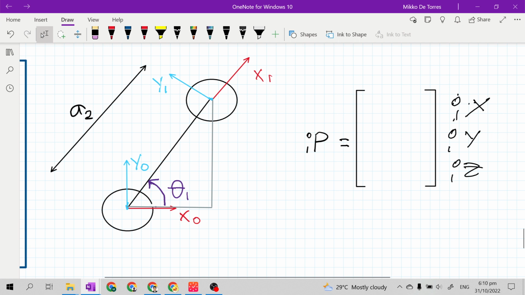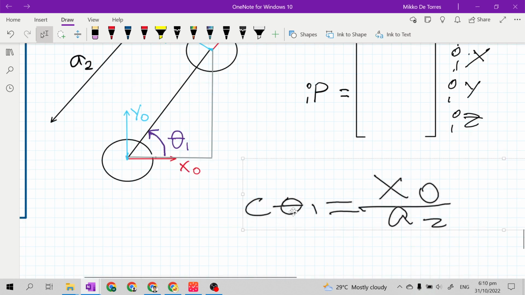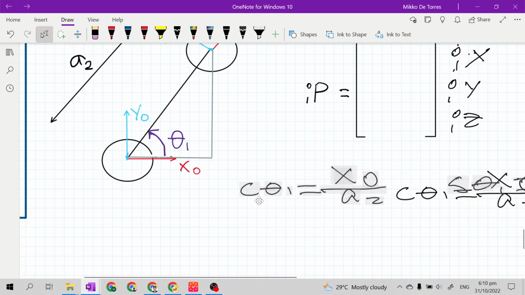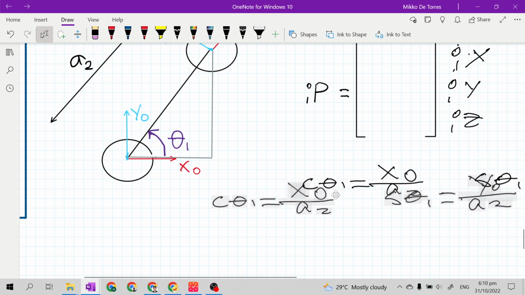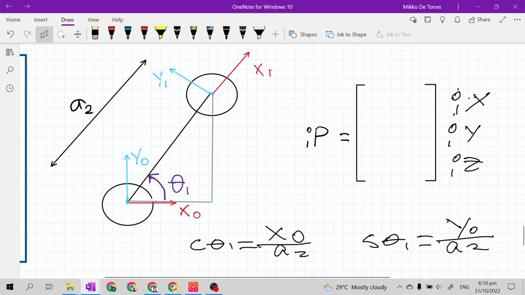So the relationship of X sub 0 to theta 1 and A sub 2 is cosine theta 1, while the relationship of Y sub 0 to A sub 2 is sine theta 1. Using SOHCAHTOA, we derive these two.